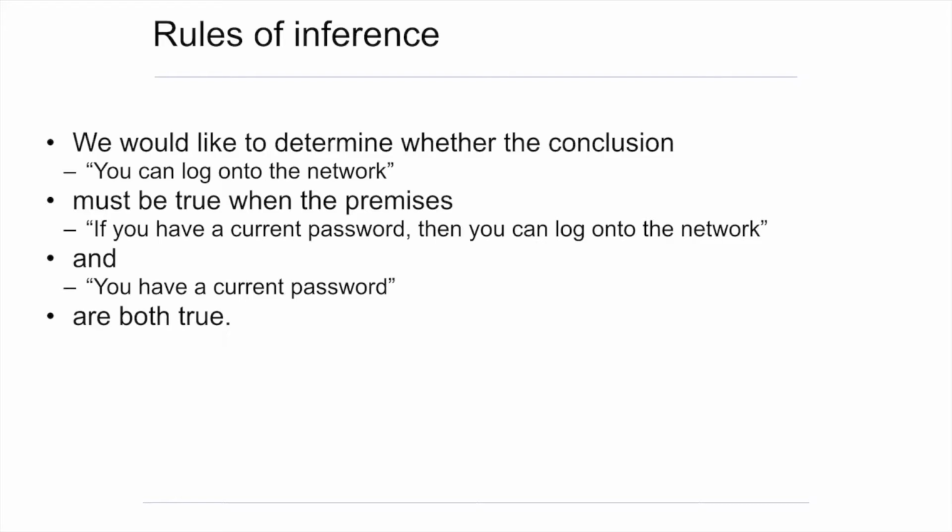So what do we want to do with this argument? What we want is to determine whether the conclusion, you can log onto the network, must be true when the premises are both true. So that's what we basically want to establish.